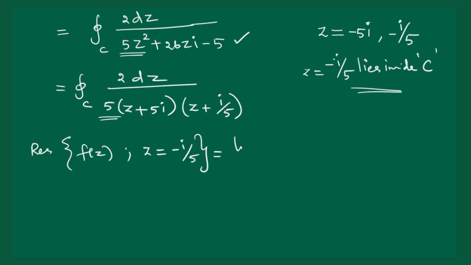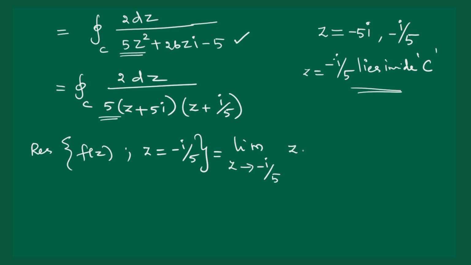Since z plus i by 5 is a simple pole, that is, minus i by 5 is a simple pole because (z plus i by 5) to the power 1 is given, using the simple pole formula, how to find the residue? Limit z tends to minus i by 5 of (z minus a) into the function f of z.